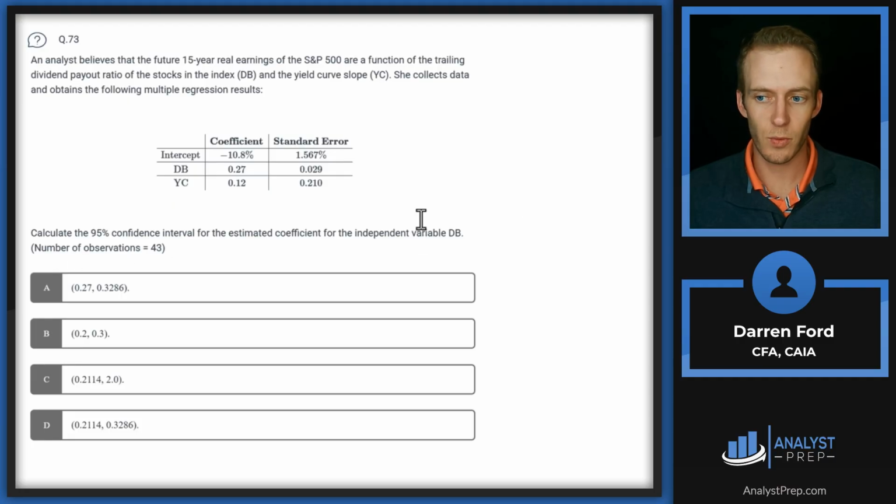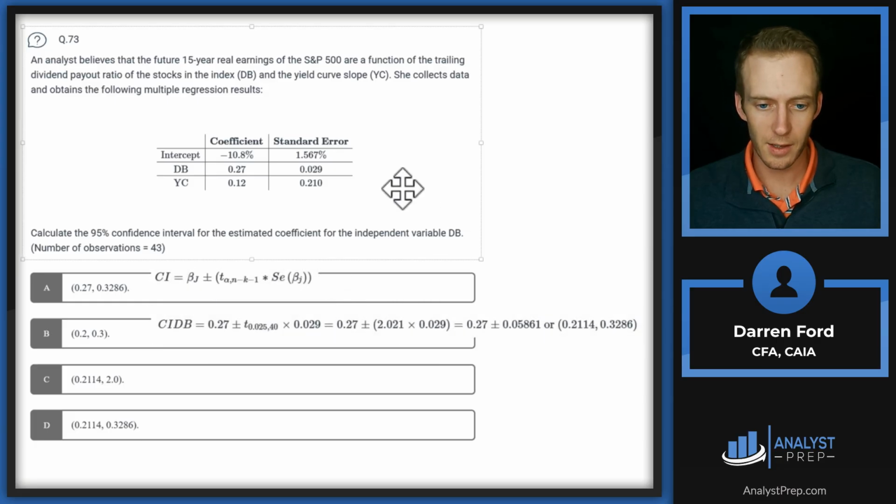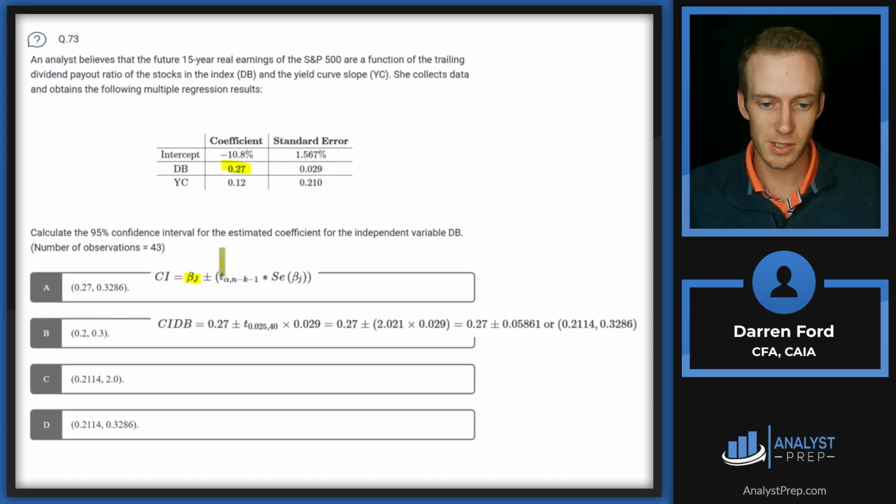Number of observations, 43. Here's what that confidence interval calculation is going to look like. Our formula is pretty straightforward. It's just the beta, or the coefficient of the variable in question, so 0.27 is what we'll plug in there. Then we do plus or minus the t distribution value, which is 2.021, which we're grabbing from our t distribution table.